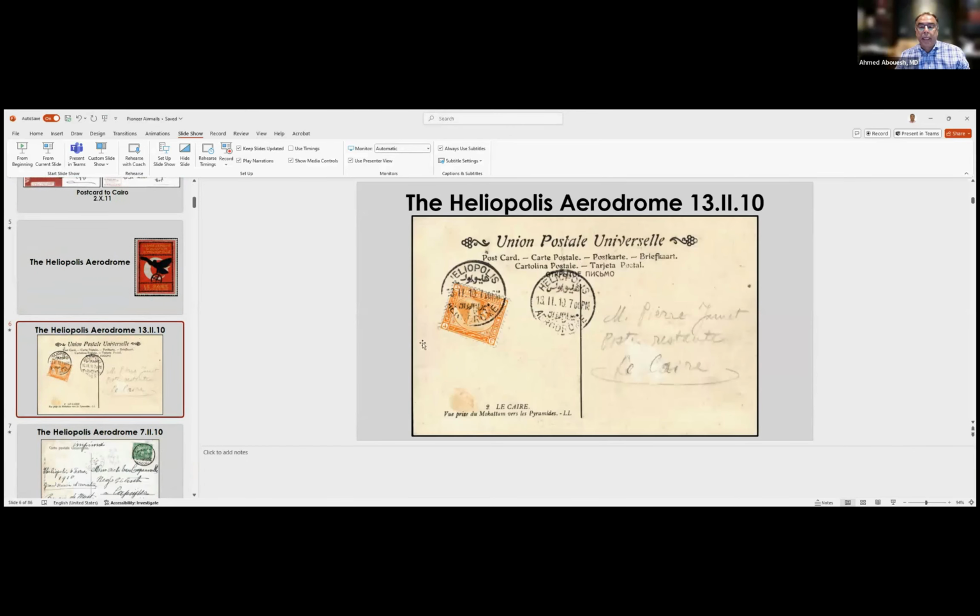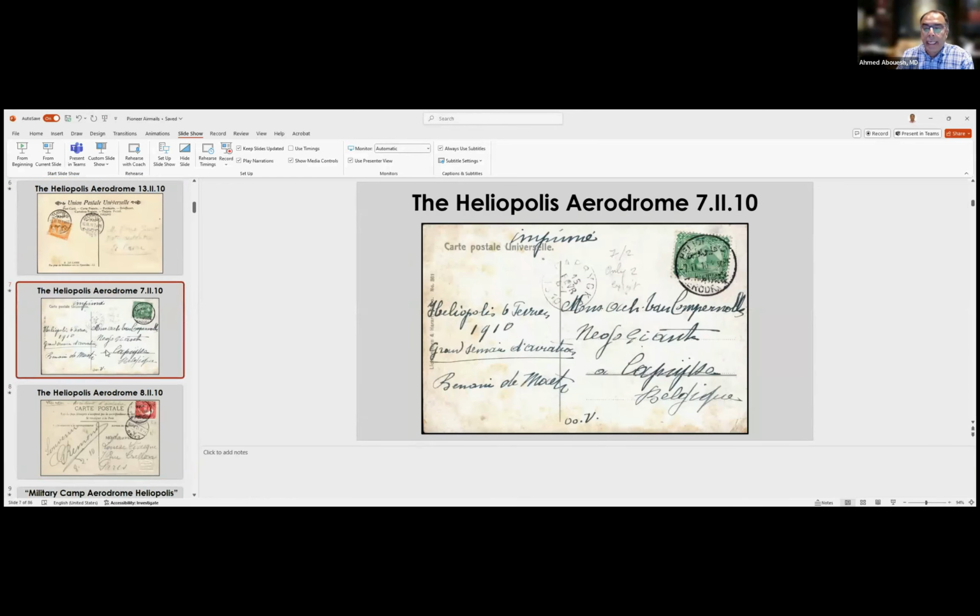Of course, the common date found for the Heliopolis aerodrome is the 13th of February. I've managed to find two more dates, the 7th and the 8th.